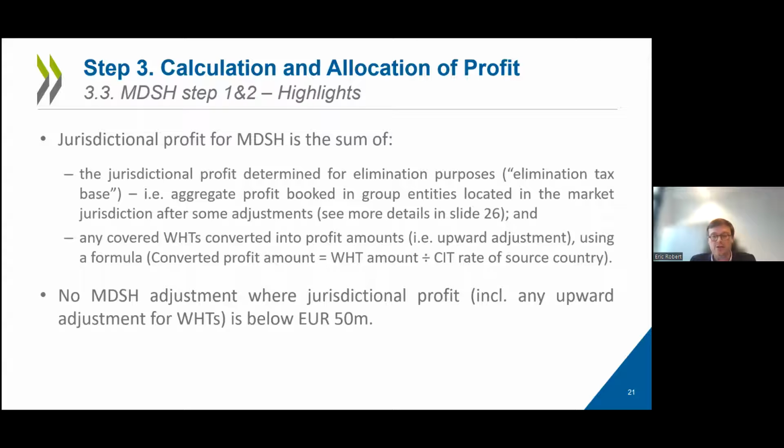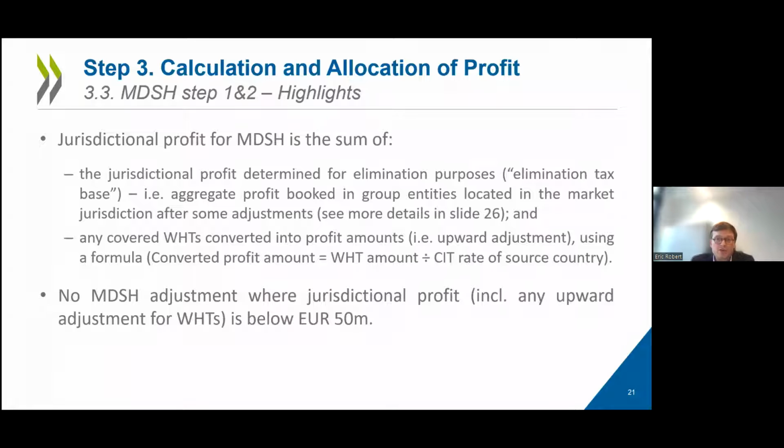And like other taxing rights on business profit, whether it's based on transfer pricing or PE, permanent establishment rules, they need to be taken into account to assess how much profit of the group sits in the jurisdiction and can be taxed by the market jurisdiction. Now, how do you do that? How do you put them into the mix?